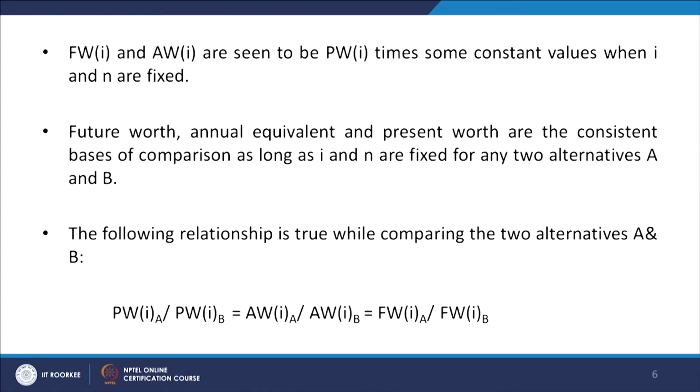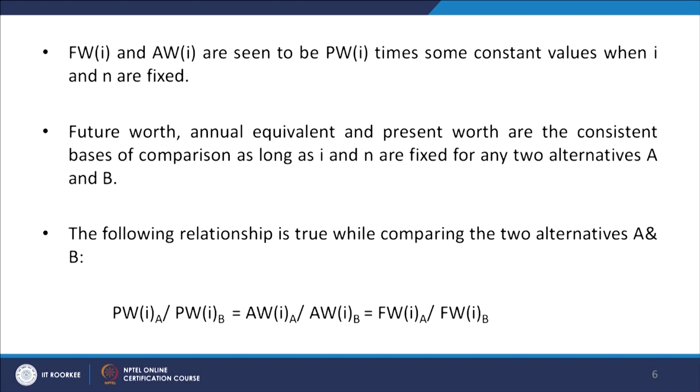So once we fix the i and n values, they are basically constant values multiplied by one factor or another. So future worth, annual equivalent, and present worth are consistent bases of comparison as long as i and n are fixed for any two alternatives A and B.